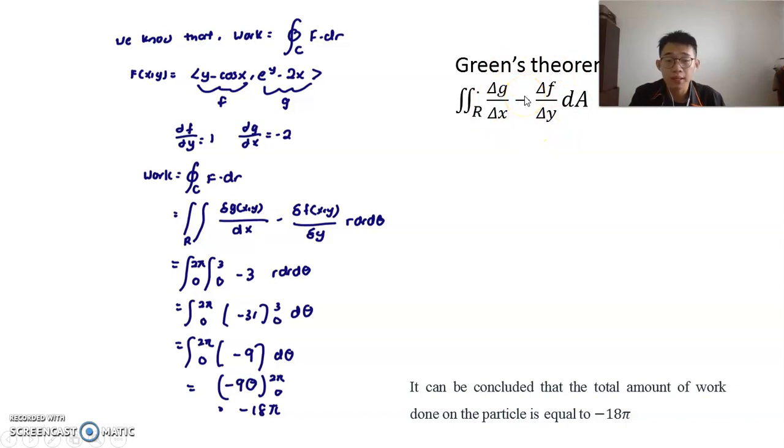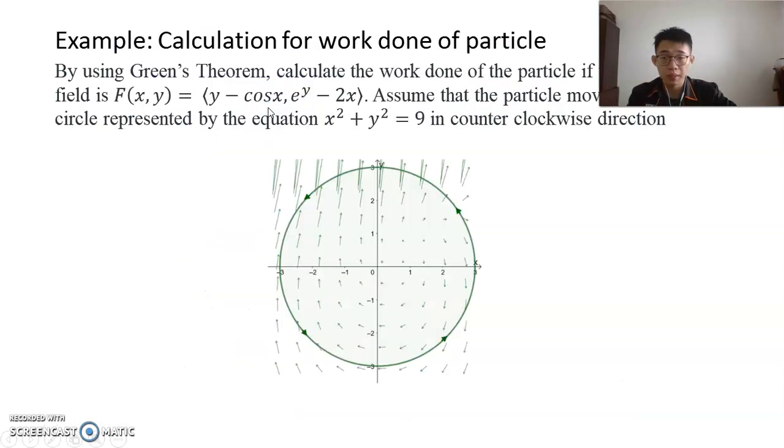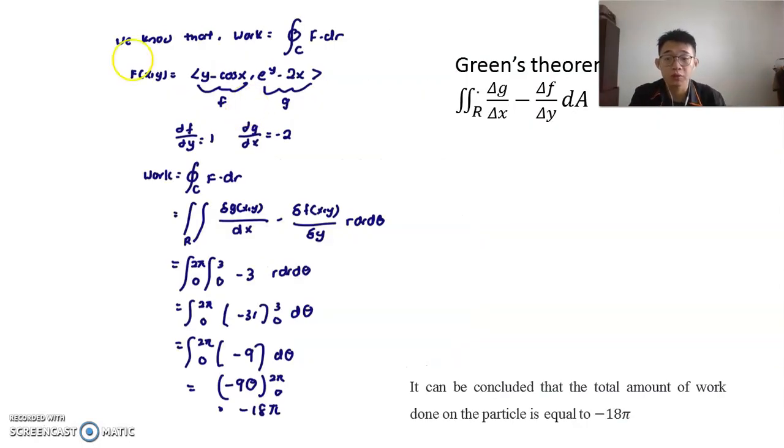Okay, so similar to just now, we are going to choose the f and g based on the given force field vectors. So for f, we are going to choose y minus cos x, while for g, we are going to choose e^y minus 2x. And we are going to calculate del f over del y for y minus cos x, and we obtain 1, while for the partial derivative of g in terms of x, we get negative 2.